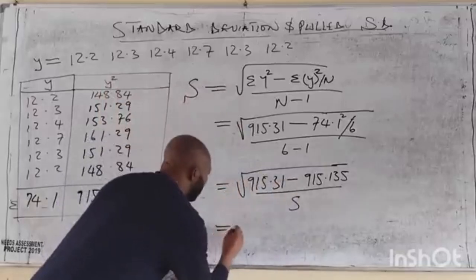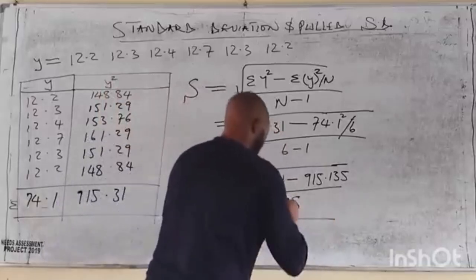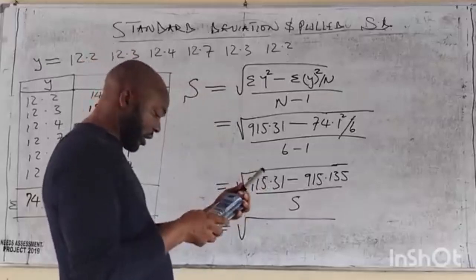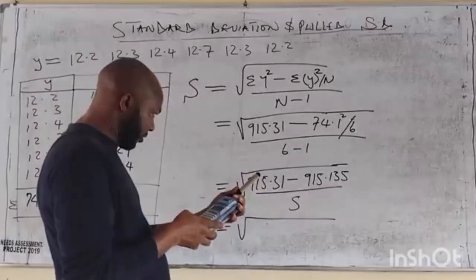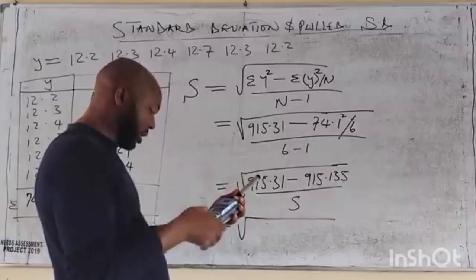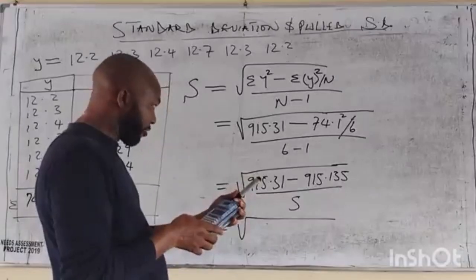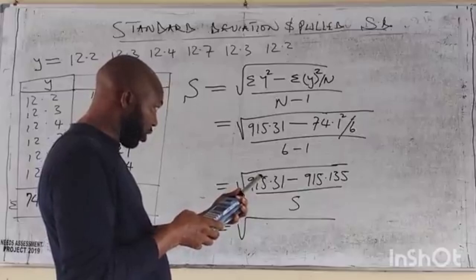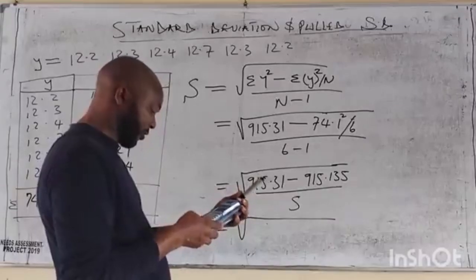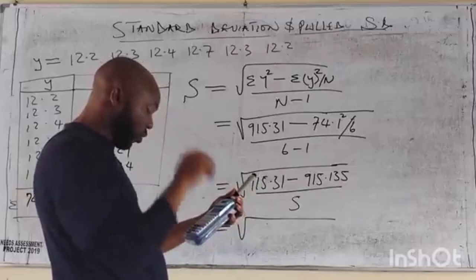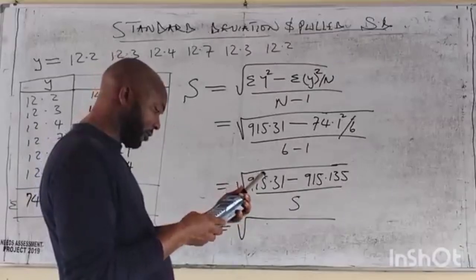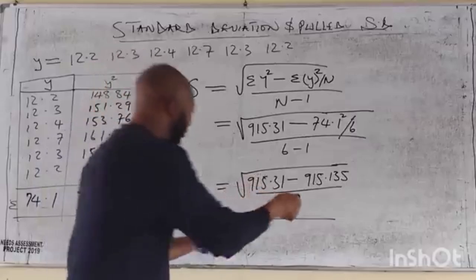So this is equal to 915.31 minus 915.135, which is 0.175. Divided by 5 is 0.035.